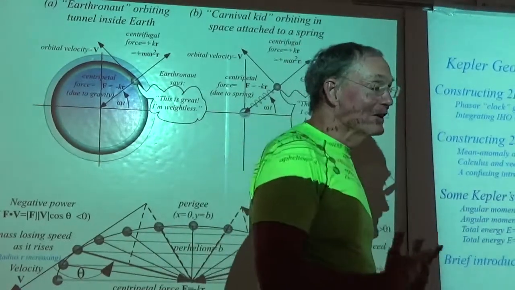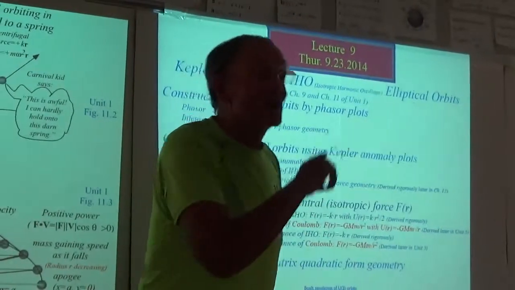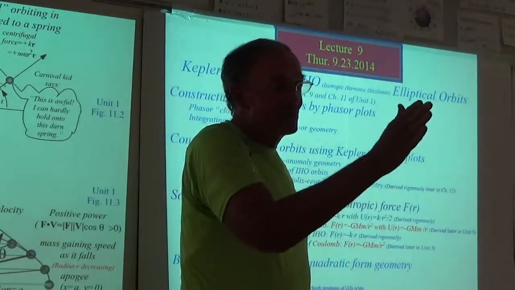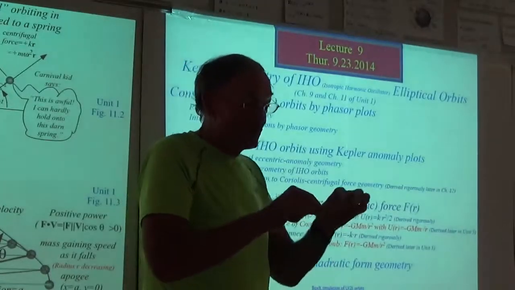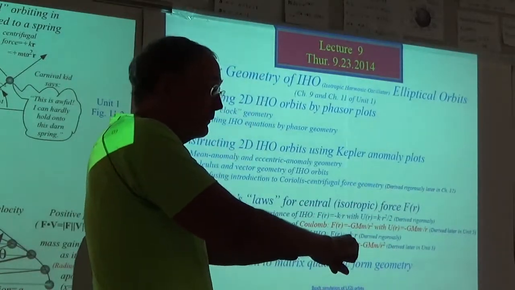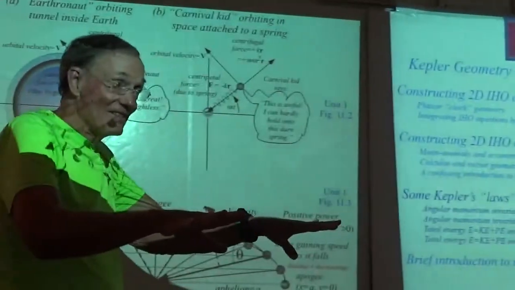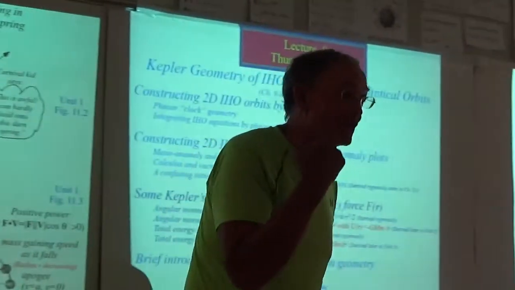Well, what you're feeling, if you just let go, where are you going to go, right? You're going to follow a straight line on a tangent. That's right. At every instant, the direction of velocity. But your radius, you know, you're out in the middle of space. So what's going to happen is you're going to see your radius grow, right? So you're fleeing your center, right?